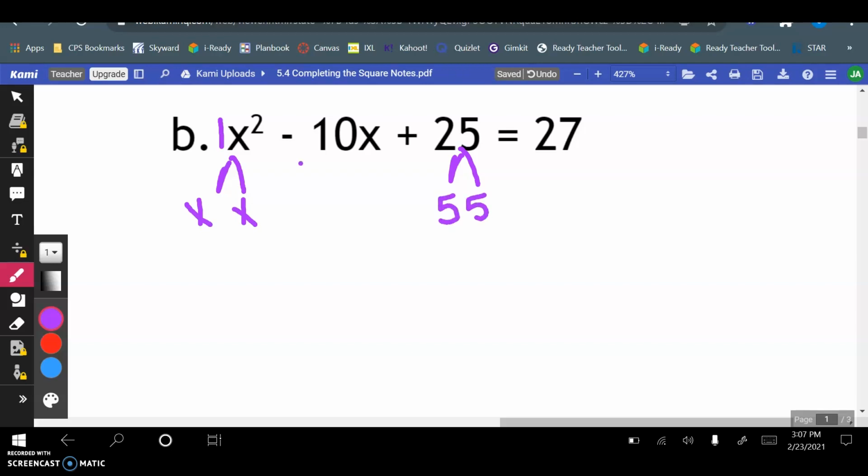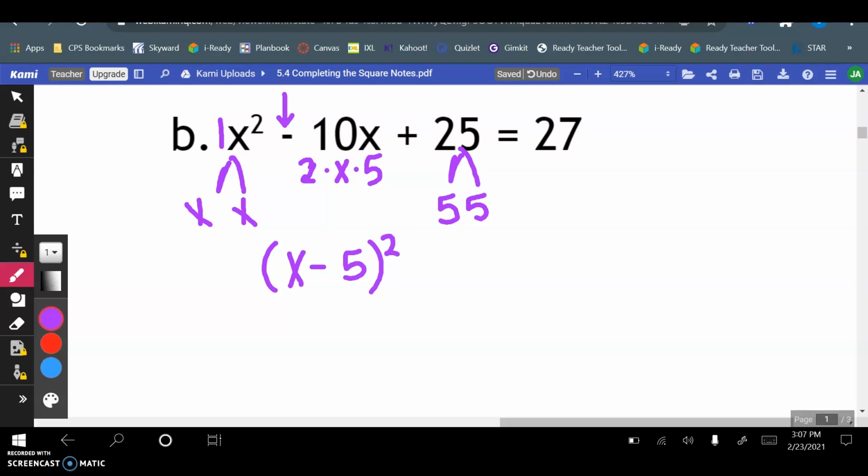And remember to check our answer. It's always 2 times 1 of the front, which would be x, times 1 of the back, which would be 5. So 2 times 5 is 10. We have an x, so that does check out. So our answer is x and 5. It's a subtraction because this is a subtraction problem here, squared.